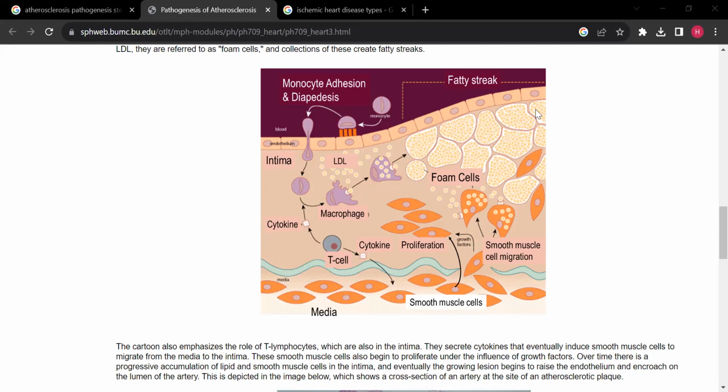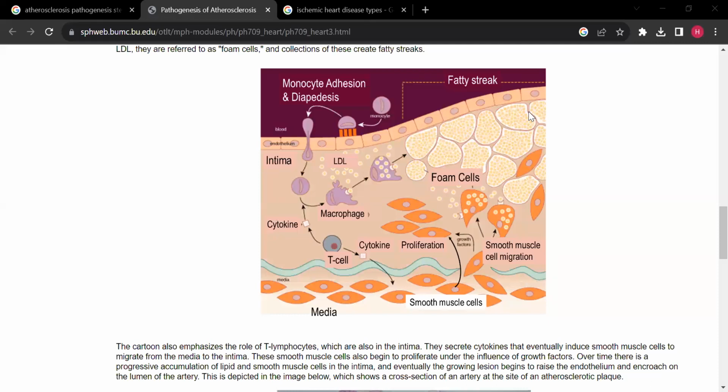All of these are just foam cells, and they accumulate beneath the tunica intima, forming a fatty streak. Over here we can see that this whole thing is a fatty streak.